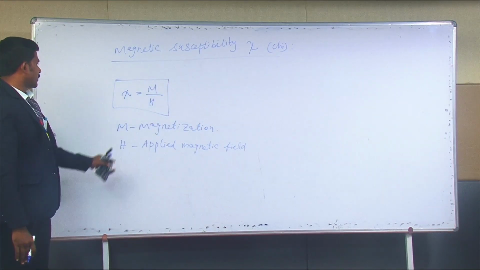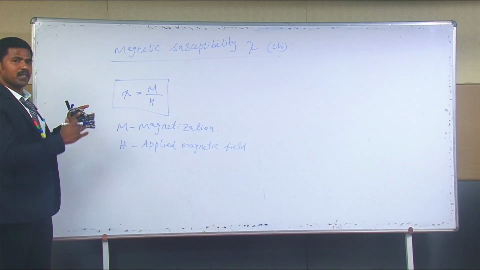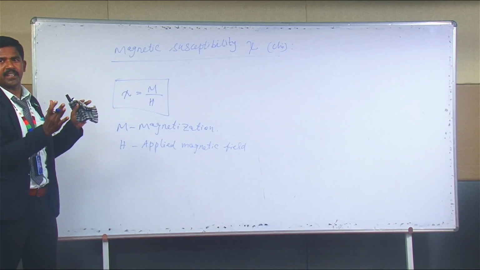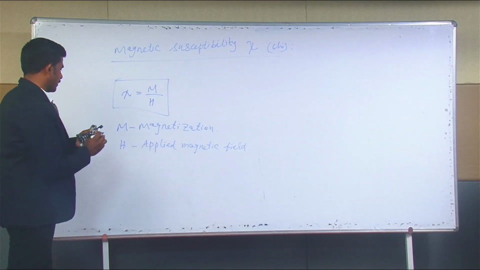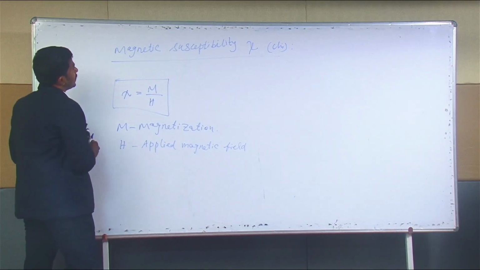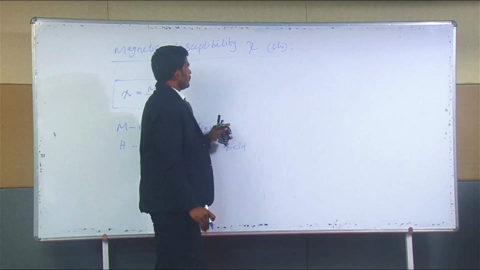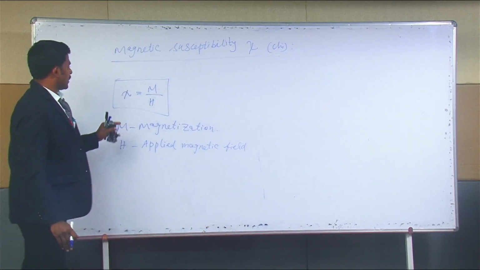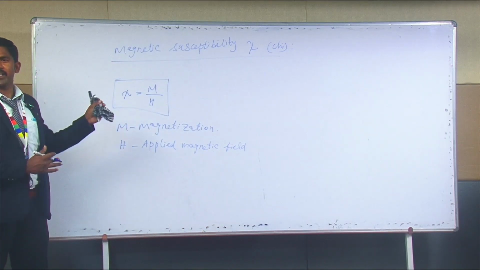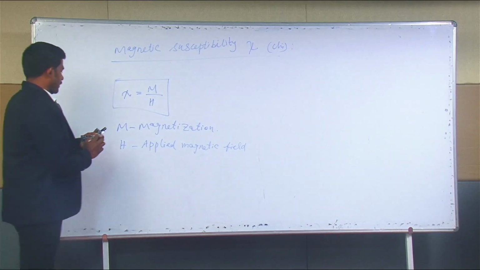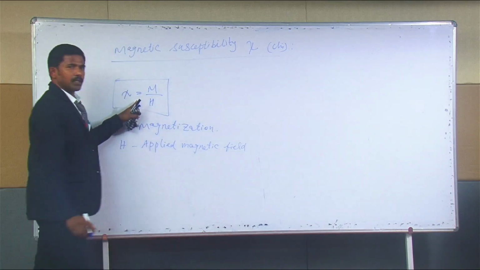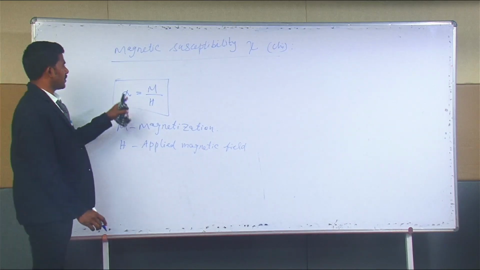So it is a measure of how much the material is magnetized in the application of an applied, or external, magnetic field. This is also very important. Here there is no unit; it is dimensionless.